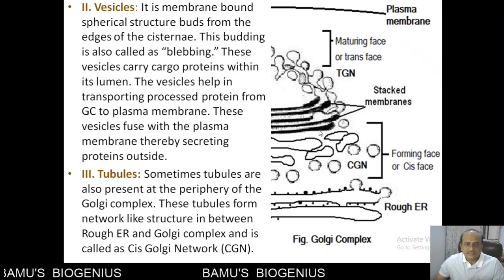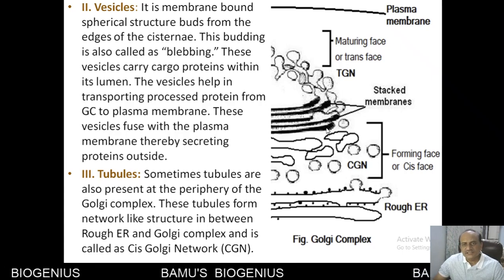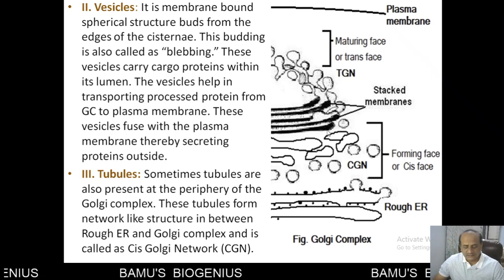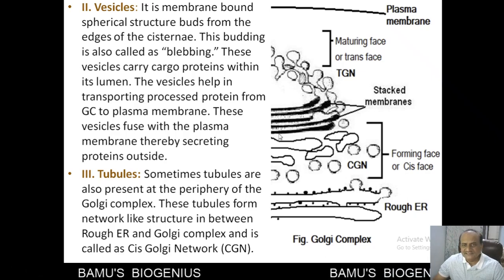Now, another peculiar feature is that these cisternae are also divided into three types. The cisternae present on the cis side are called cis cisternae.